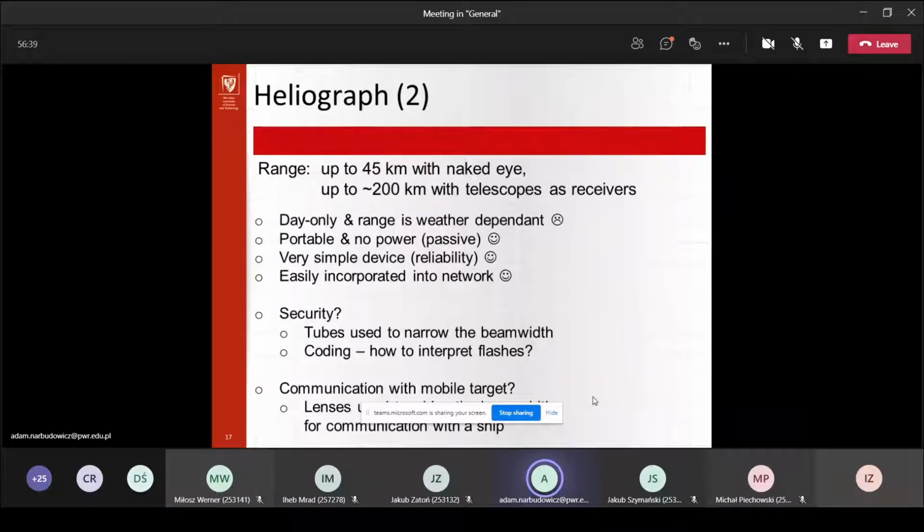Back in the day, it was actually quite an issue, especially when communicating with ships. Apparently, with a ship rolling on the waves, you could see additional flashes, not because there was an intentional flash, but just because of the roll of the ship. One of the solutions would be to use lenses to widen the beam width, as I mentioned.